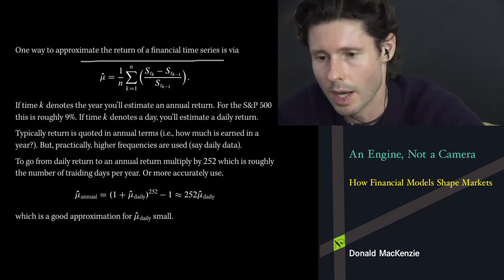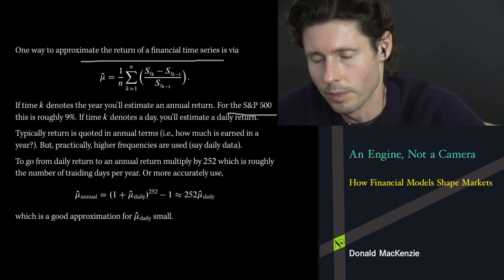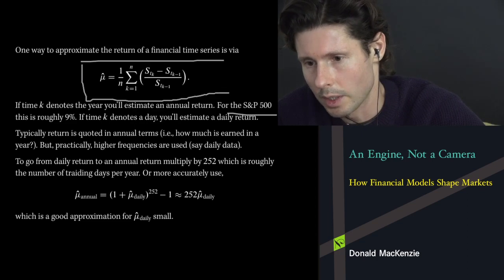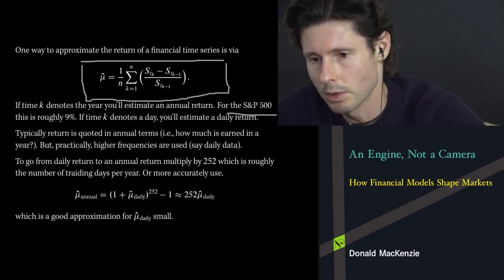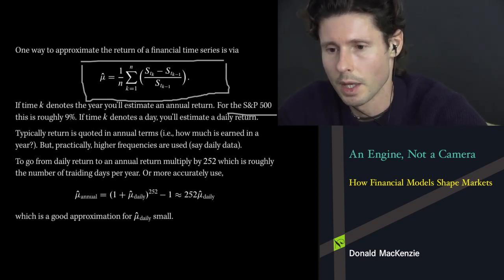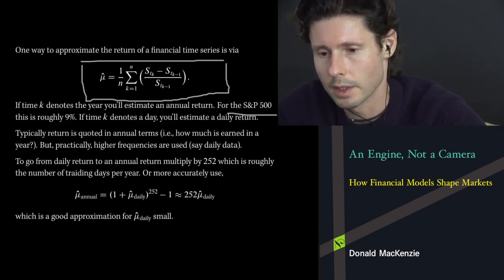Say you have a time series of stock prices, maybe it's the S&P 500, which you can download from Yahoo Finance. If you want to approximate the return of that time series, in fact, any time series, this is the kind of calculation you want to do. You have n periods of time, and you average the return, and you'll get the historical return for that time series.